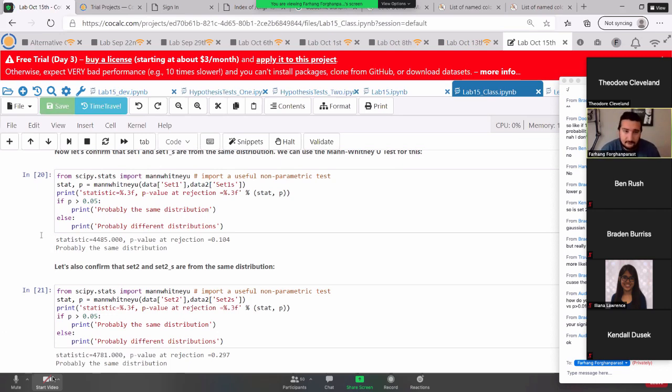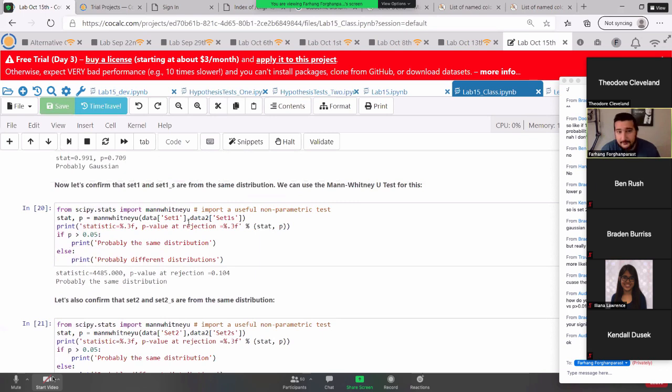So, on the next step, we want to confirm whether set 1 and set 1s are from the same distribution. What kind of test do I need?